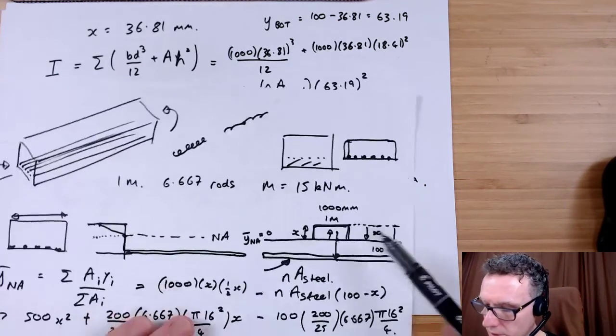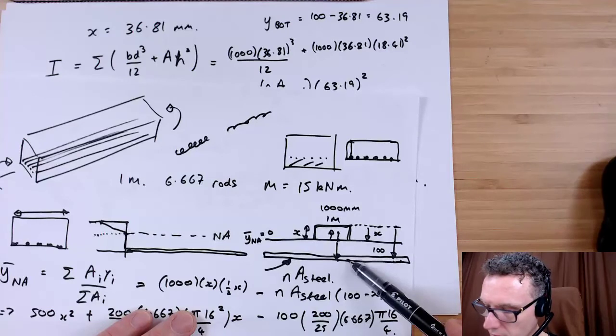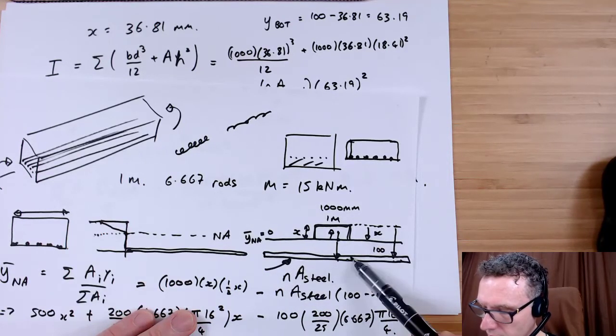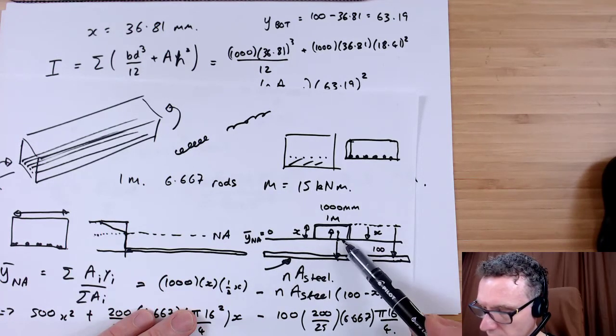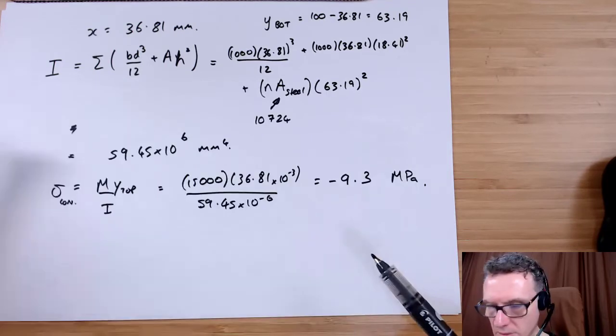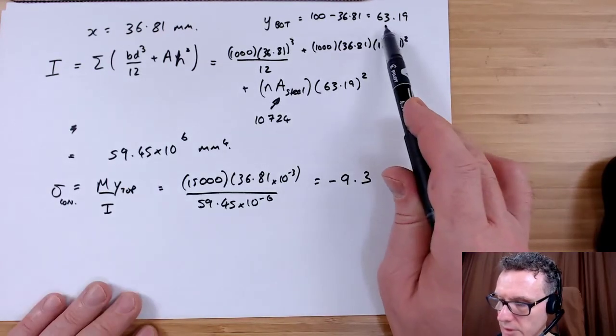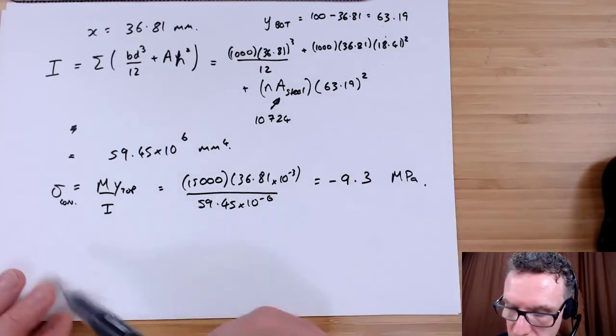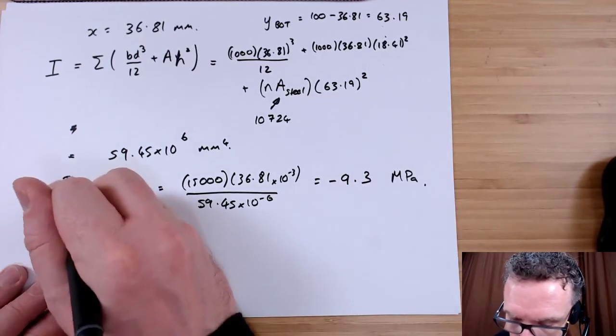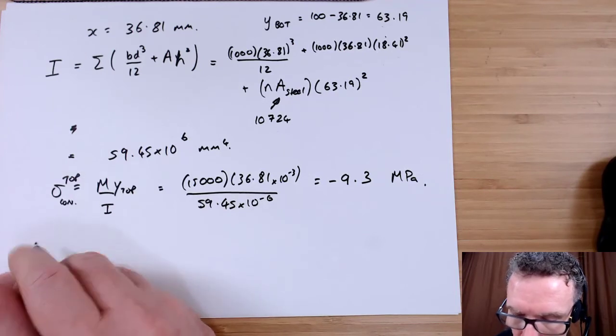Now let's work out what the stress of the concrete for this kind of flat plate concrete at the bottom. So we'll just take that bottom bit to be the same distance from here to here. So that's going to be this number here, the 63. So that's the concrete at the top.